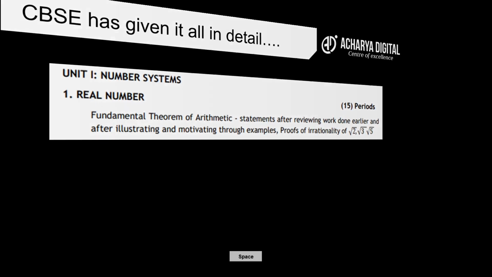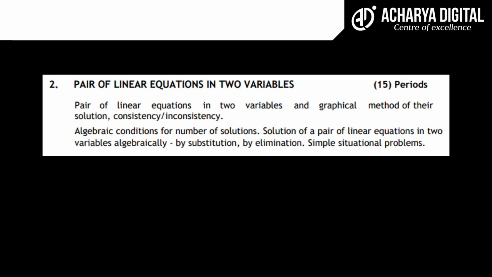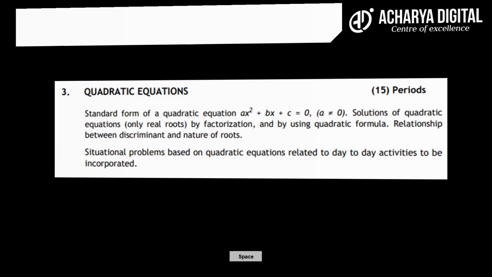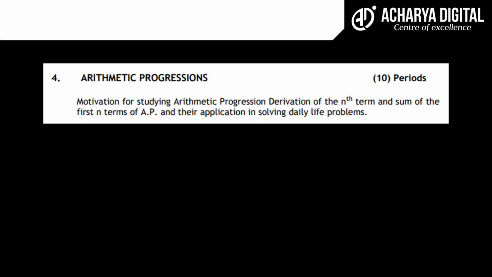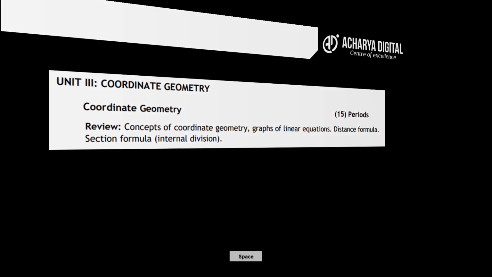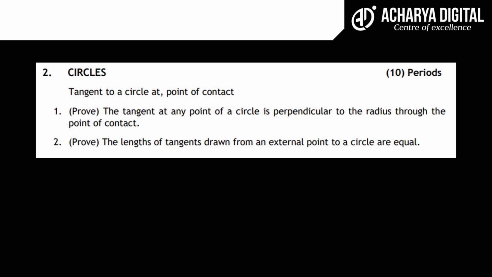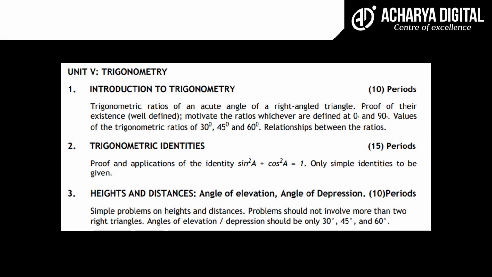In the similar way, you can observe unit wise, chapter wise, you will get the required points to be done by the students. So you have to prepare according to these points. Nothing extra will come except these points. You will get this easily on the website of CBSE. So please go through that.